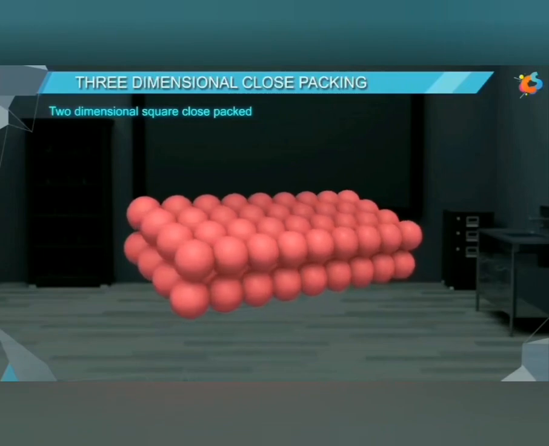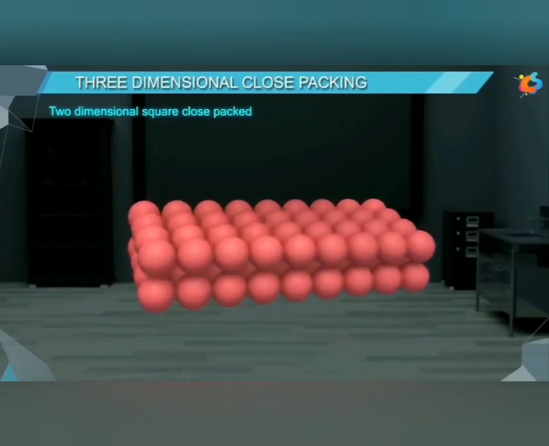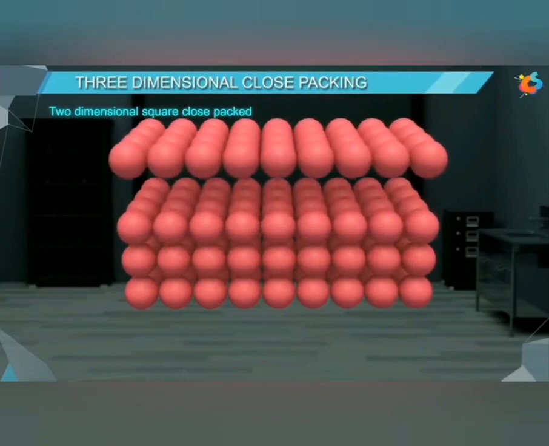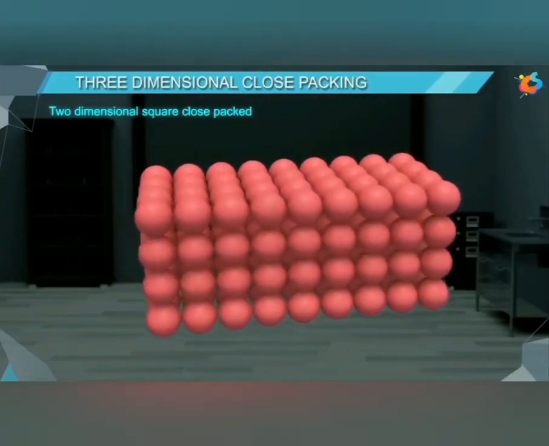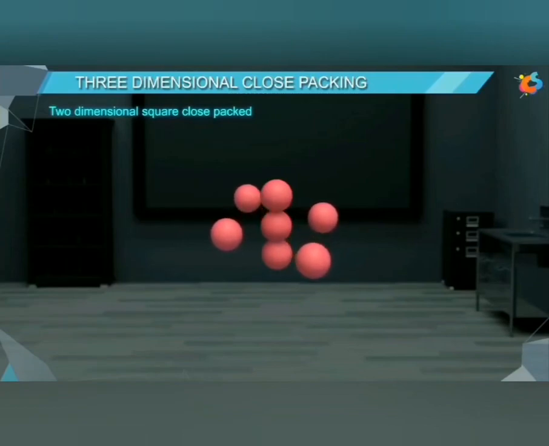If you compare both layers here, both the layers are aligned horizontally and vertically, so the arrangement will be the same. If you consider the first arrangement to be the A type, all the arrangements will be the same. Now each atom remains in contact with 6 atoms.